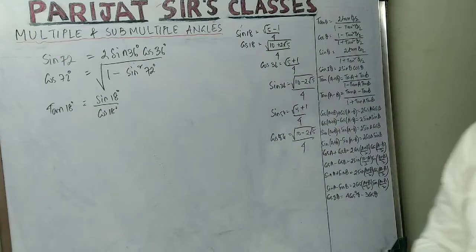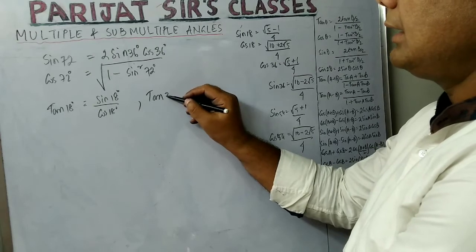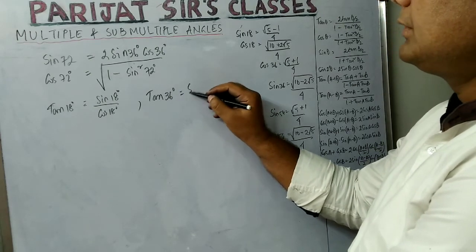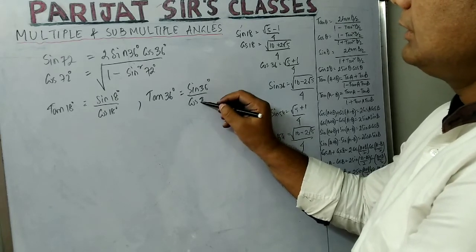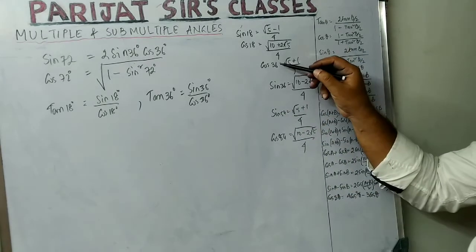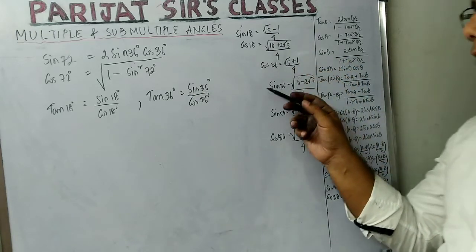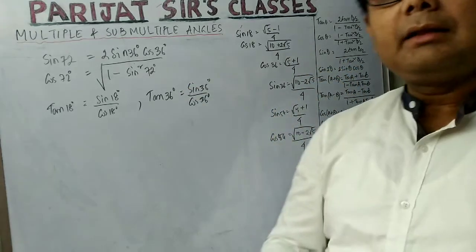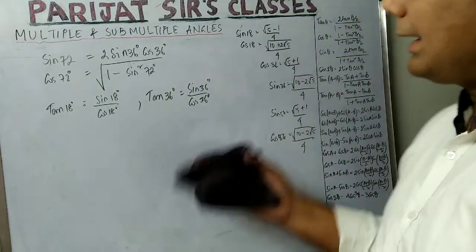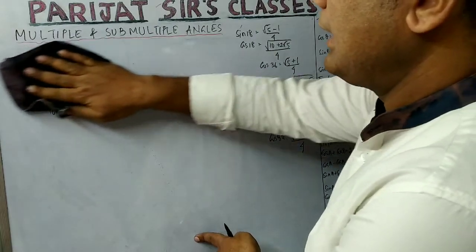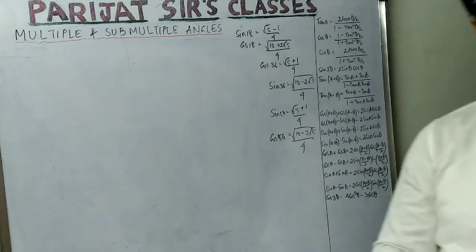Similarly, tan 36 degree is sine 36 degree by cos 36 degree. Sine 36 we know, cos 36 we know, so we can calculate tan 36 degree. So this is the procedure to calculate each and every angle from the applications of these.